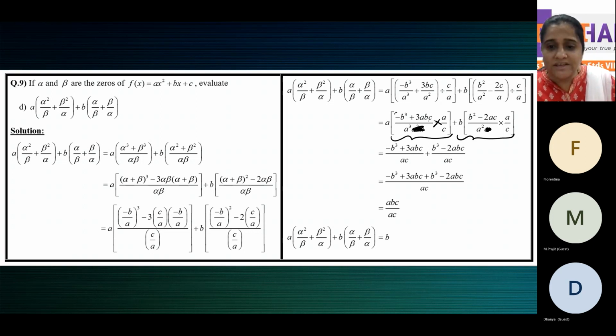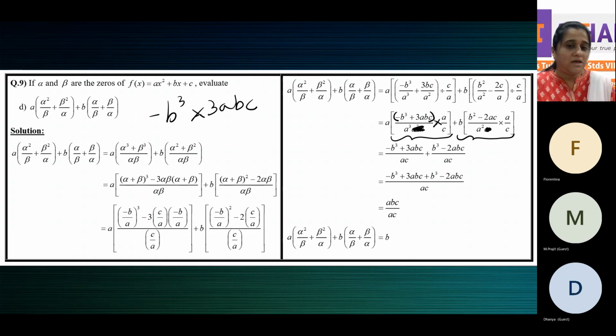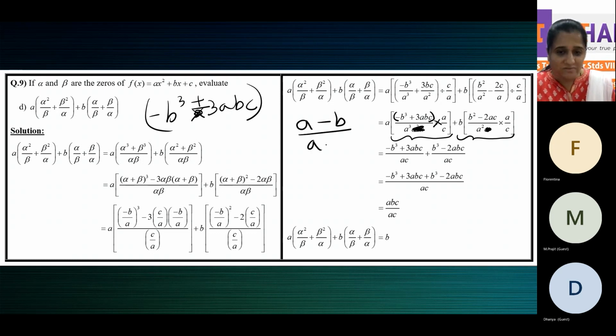No, this one is an expression connected by a plus sign. You cannot disturb that. See, if it was B cube minus B cube into 3ABC, you can cancel. But when the terms are connected by a plus or a minus, it is one expression. For example, when you have A minus B by A plus B, you cannot cancel A and A, B and B, because A minus B is an expression.